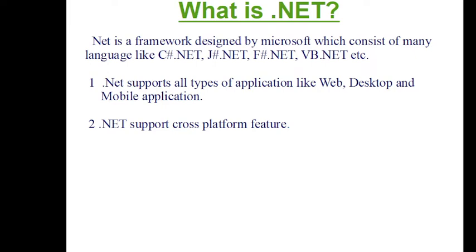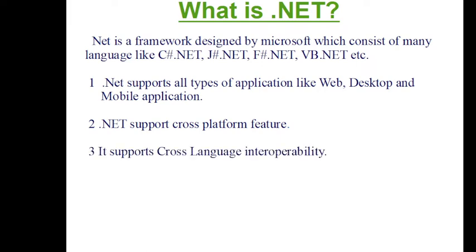But now .NET Core runs on Windows, Mac, and Linux operating systems. That's the reason it supports many more platforms in .NET Core, so that's why it's a cross-platform feature. That's the most important one, and that's why people are migrating towards .NET Core.